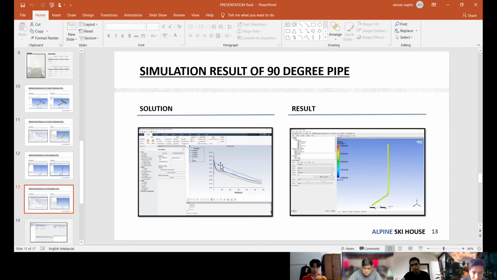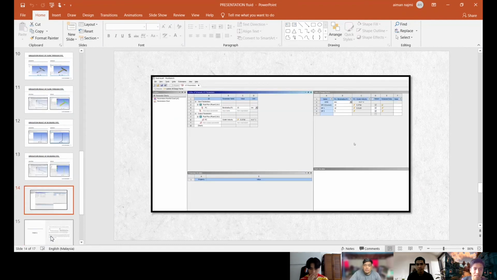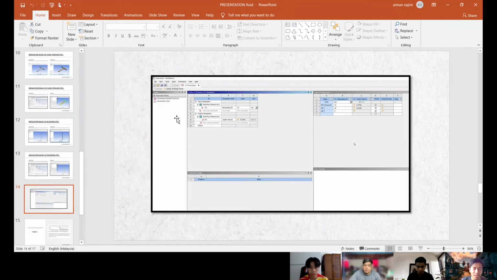For the solution, we can see the graph inversely proportional, which is the purple color is the higher gradient, and the result, the maximum velocity streamline is 7.805 power of 0. Okay, this is the final result. We can see from the presentation the final.